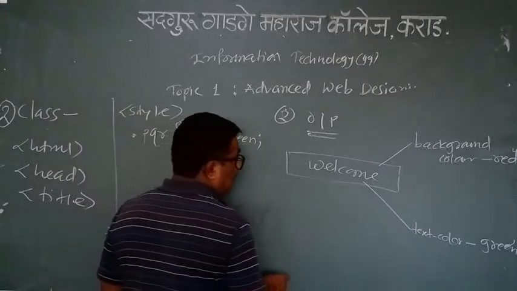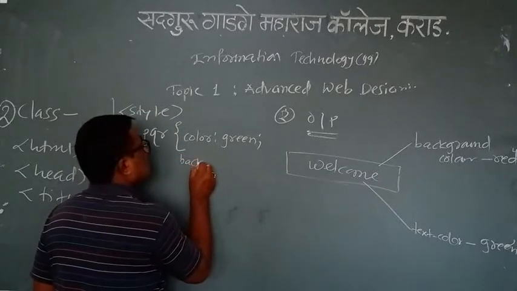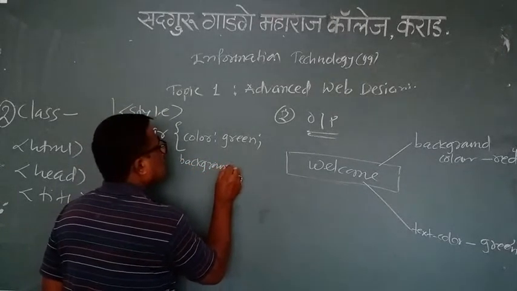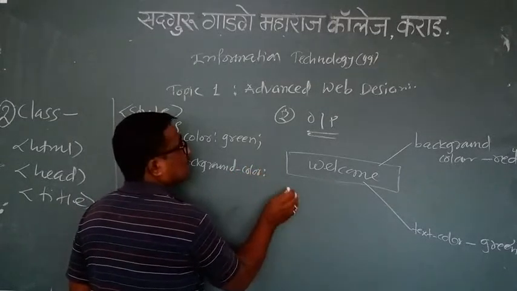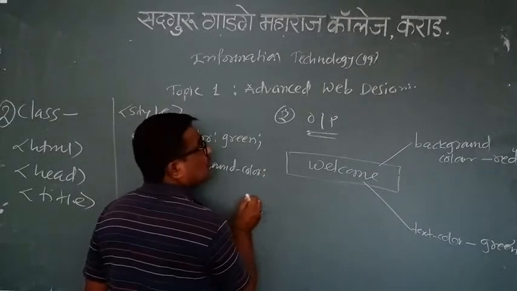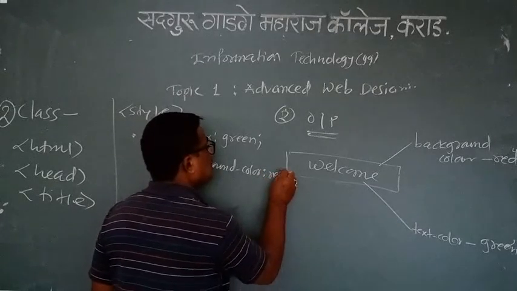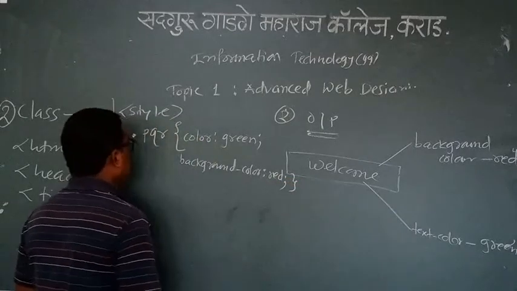Then second property is background color, separated by the colon. Name of the background color is red here and end with semicolon and close here curly bracket.